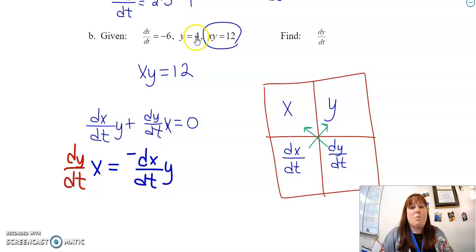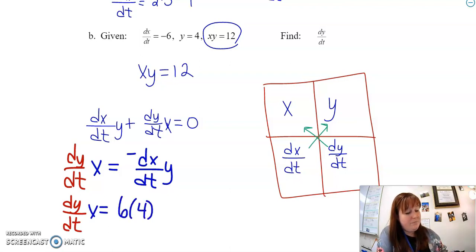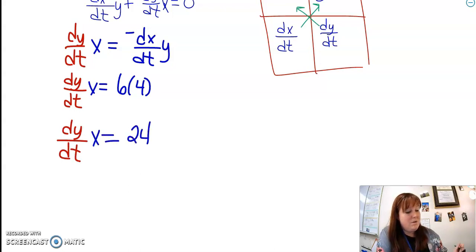Okay, so when y equals 4, we're going to plug that in. So we have dy/dt times x equals, and then dx/dt equals -6, so that's 6 times 4. So dy/dt times x equals 24.